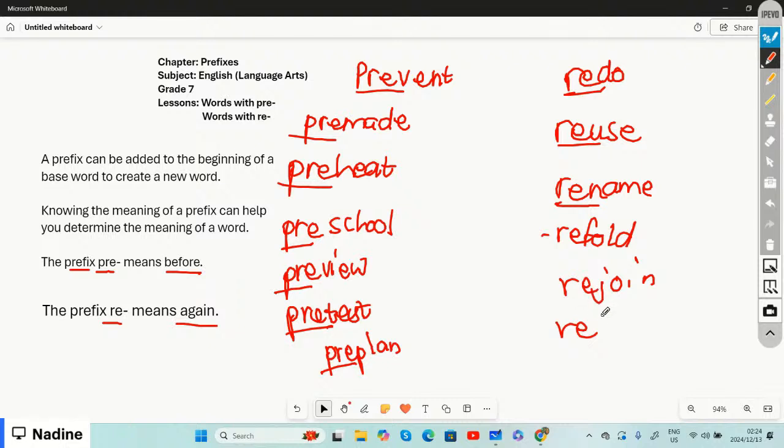Let's say retell something. And this is but a few examples of the word re, as well as the word pre. We say pre means before.